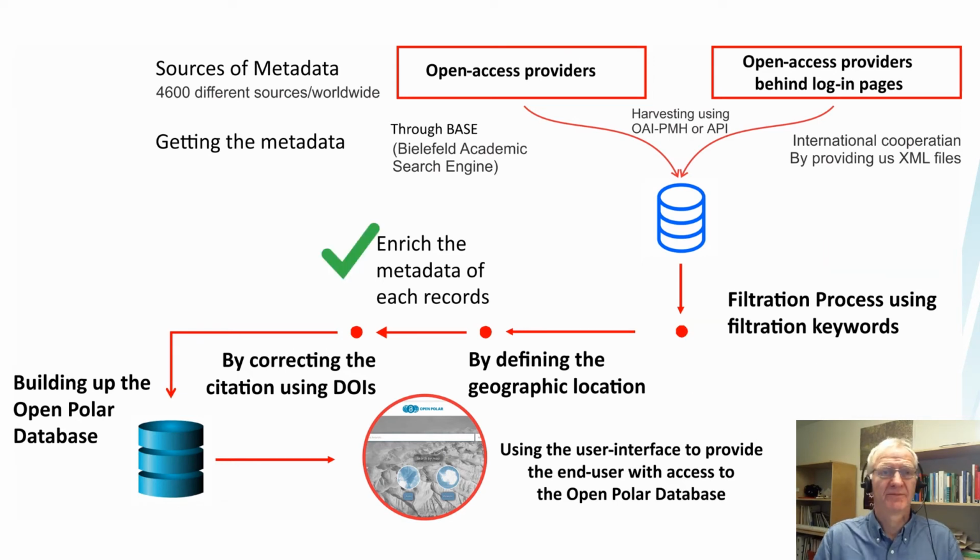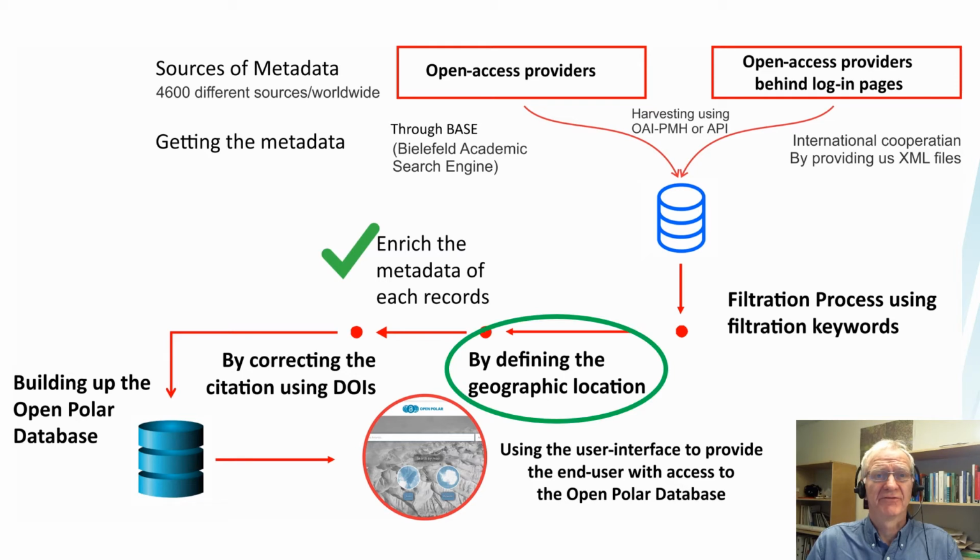Next, we do a couple of metadata enriching operations. Geographic information may be found in the title or the abstract field or in a keyword field. We then match such geographic names with information from the source geonames.org. In the GeoNames database, we find geographic coordinates for a huge number of geographic names.